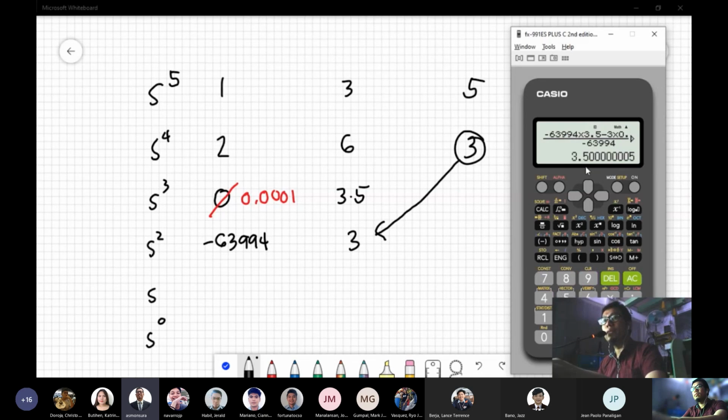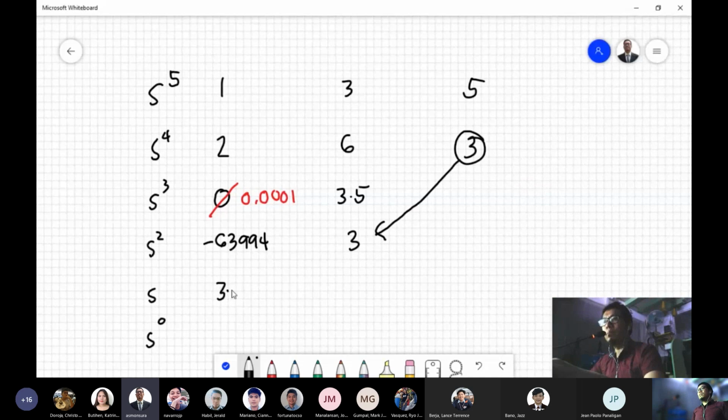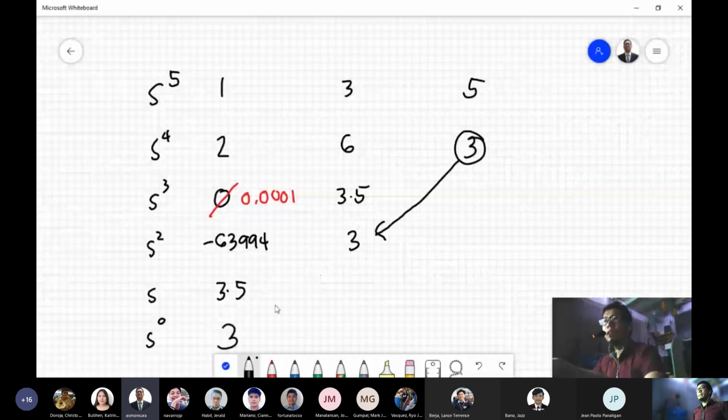That should give us positive 3.5. So you would have 3.5 here. And then this is 0, because these two are 0. And then this becomes 3.